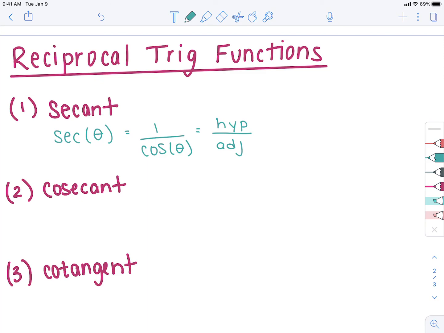Cosecant is abbreviated CSC of the angle. It's the reciprocal of sine, 1 over sine of theta. Or we could say it's the hypotenuse over the opposite.